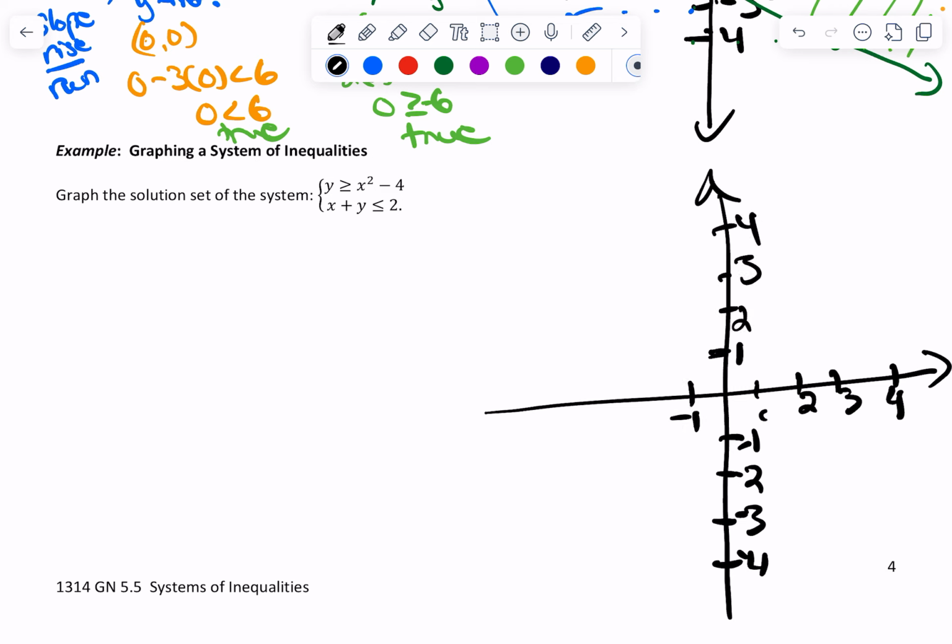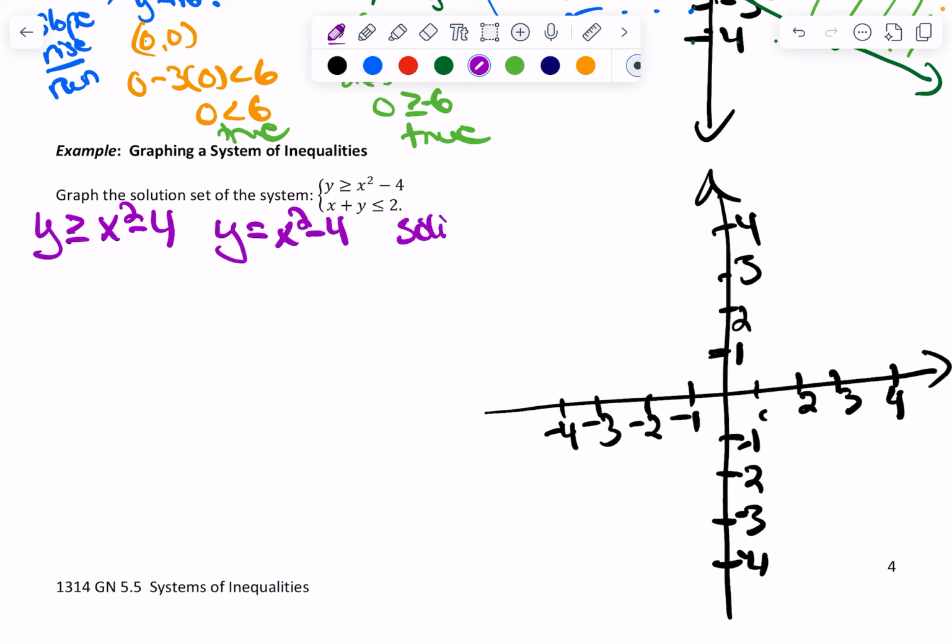And negatives again. So y is greater than or equal to x squared minus 4. We're going to set that to equal. And again, this is going to be a solid line because it has that equal sign. Actually, both of these are going to be solid. Okay, y equals x squared minus 4.